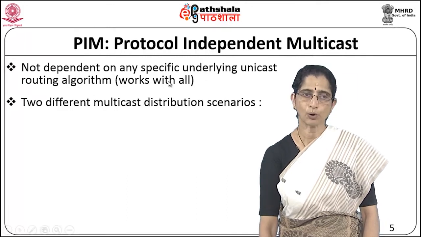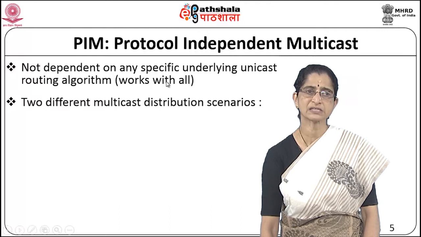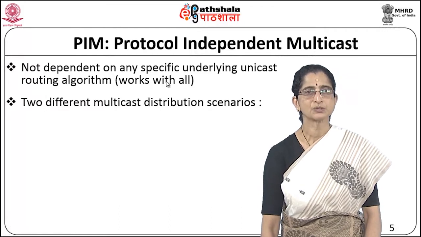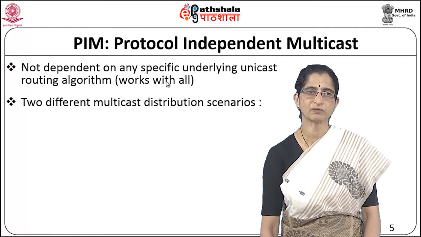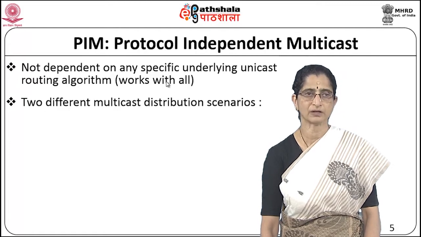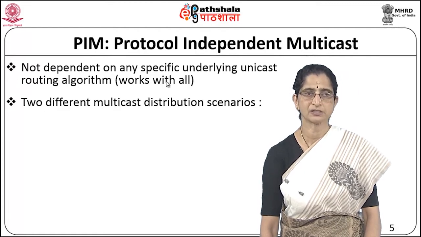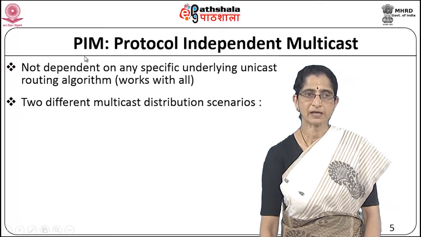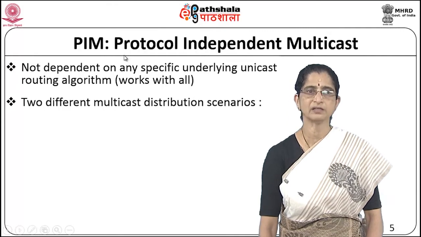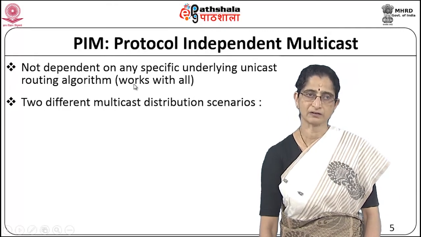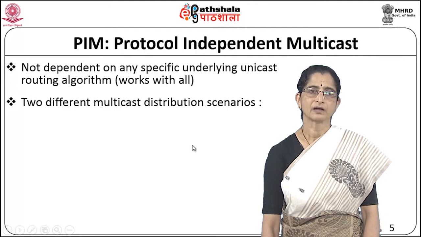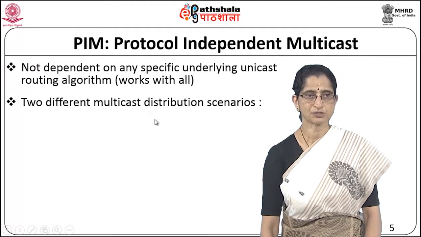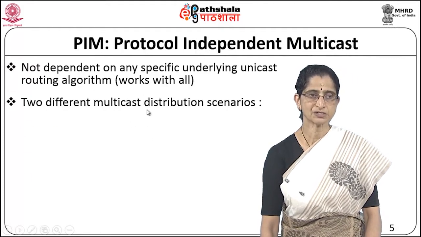It works with all underlying unicast routing algorithms. This is unlike DVMRP, which on the other hand works only with RIP, the distance vector based unicast routing algorithm. In that sense PIM is considered to be protocol independent because it does not depend on any specific unicast algorithm.